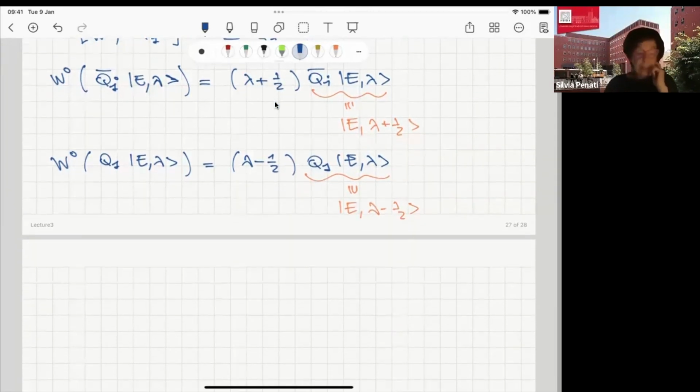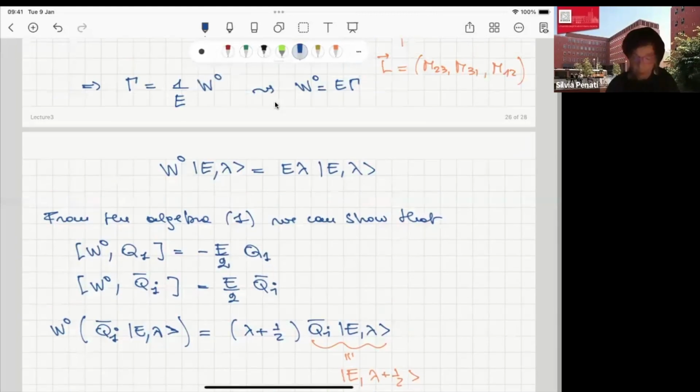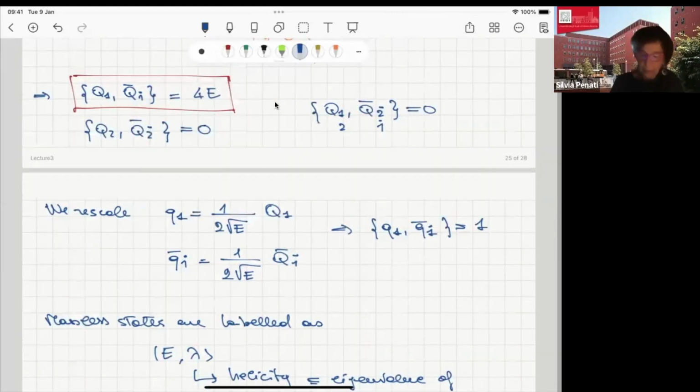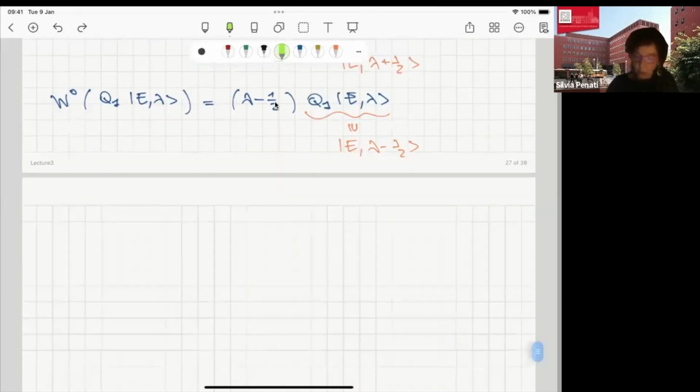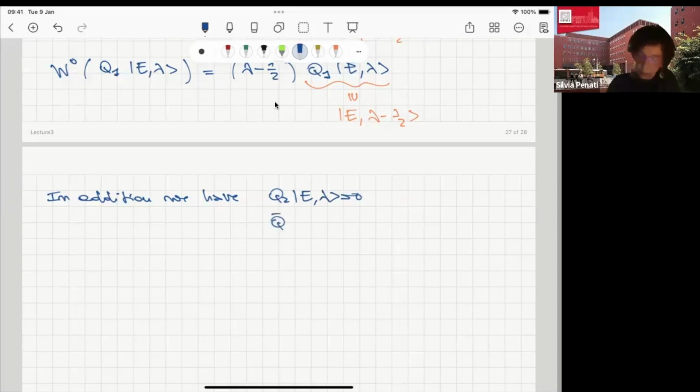Good. In addition, of course, from the fact that Q2 and Q bar 2 dot are this time trivial, you can apply Q2 and Q bar 2 dot on the state, and you will immediately realize that they simply act trivially on the state. So in addition, we have that Q2 E lambda is equal to 0 and Q bar 2 dot E lambda is equal to 0.